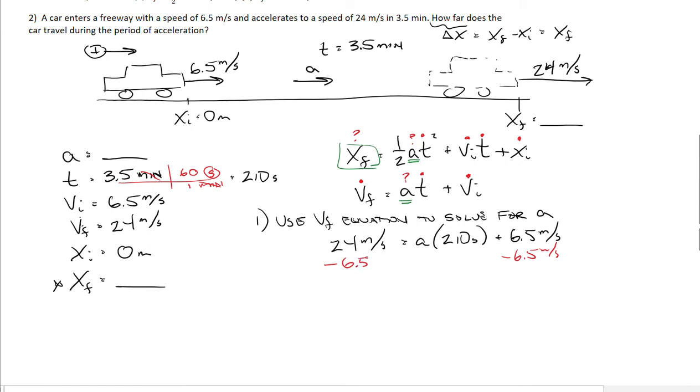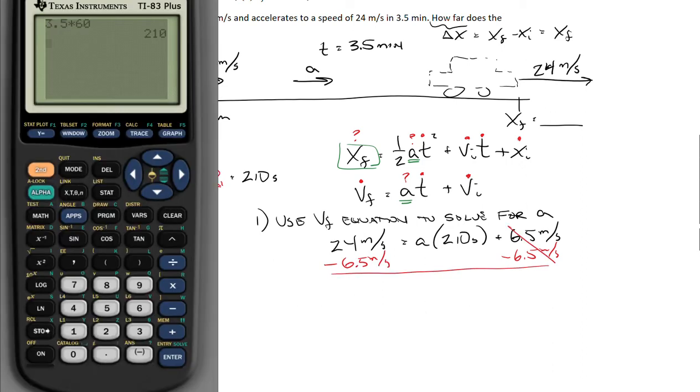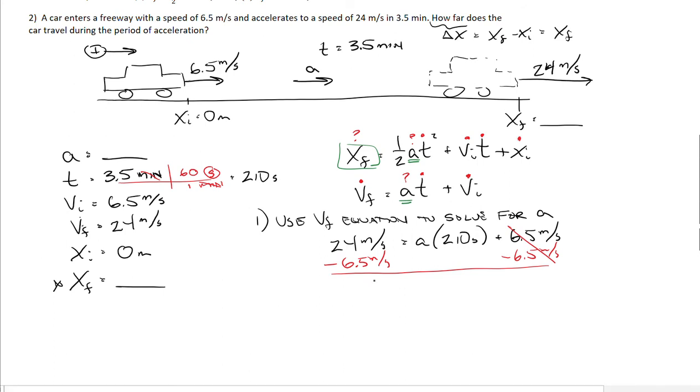That's going to go away. 24 minus 6.5 gives us 17.5 meters per second, and that has to equal a times 210 seconds. And so I'm going to divide by 210 seconds on both sides, and we see we get meters per second.